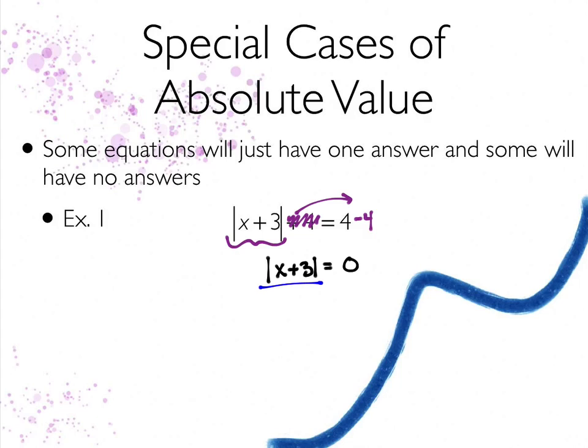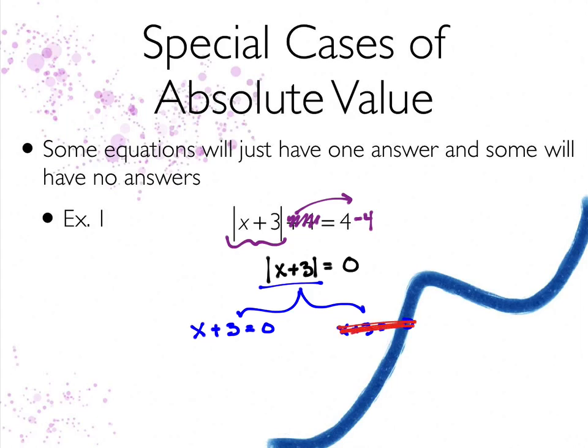So my absolute value expression could be 0, but it could also be x plus 3 equals negative 0. Well, hold on, that can't work. We don't have negative zeros, so this doesn't work.